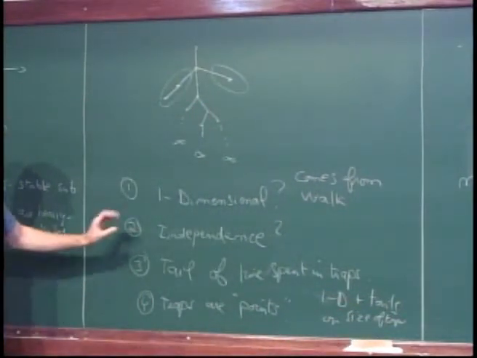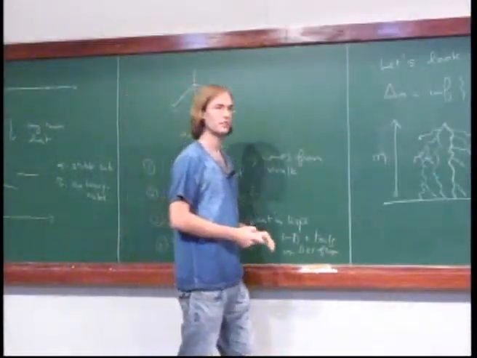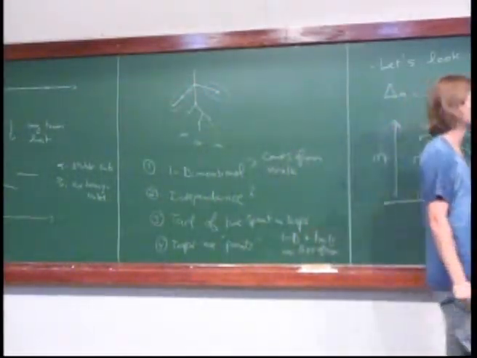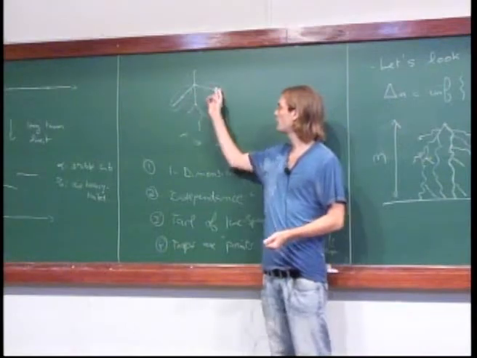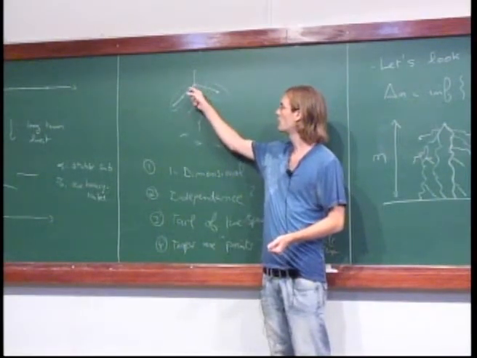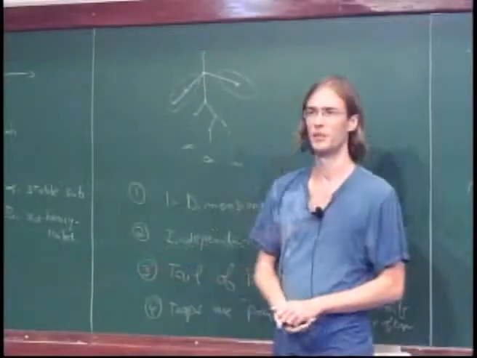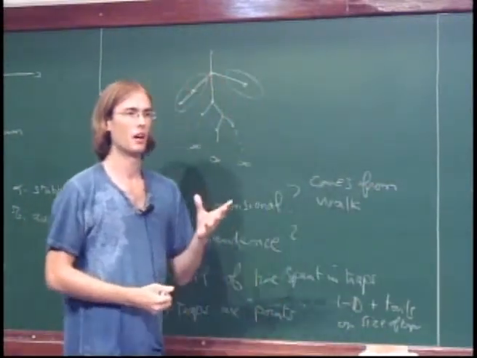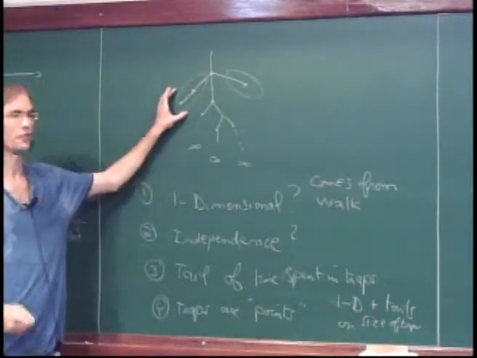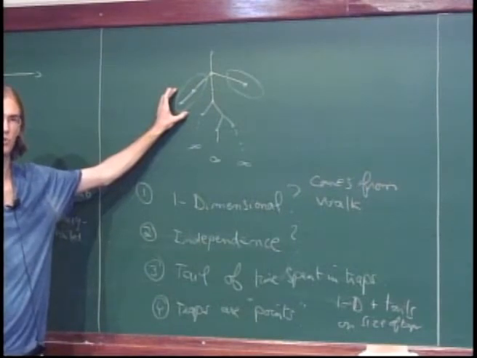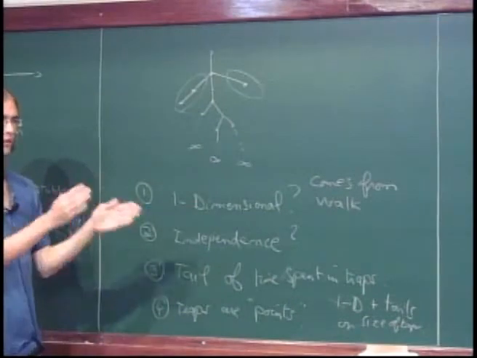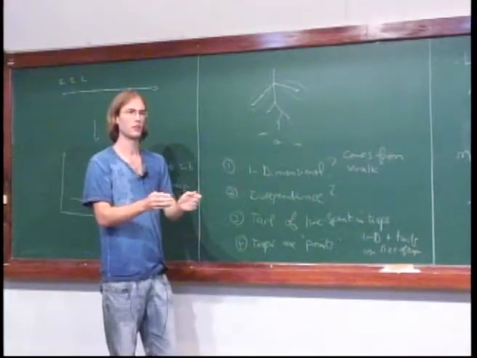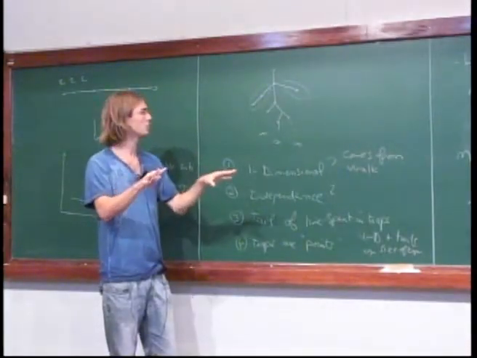What might be a bit more tricky to understand is why traps are independent. As I was saying on this picture, if you take any two traps, they might have a correlation because the number of entries to them are similar. But if you remember the picture that we got from the Bouchaud trap model, if you want to understand the long-term behavior, there are small traps and deep traps, essentially.